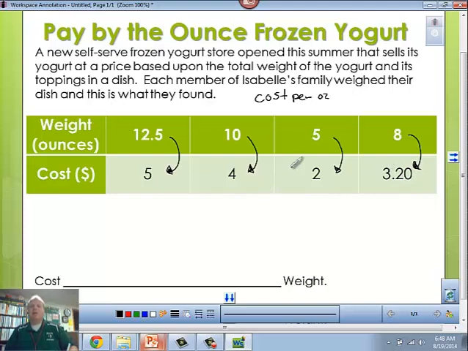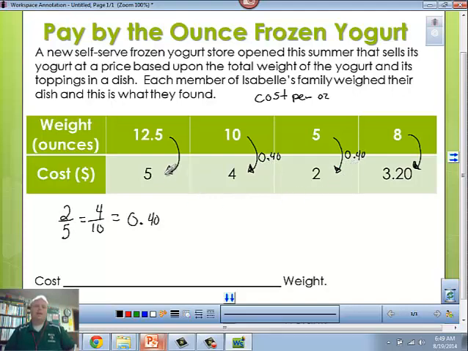Now, I'm looking at cost per ounce. So I have the fraction 2/5, which is equivalent to 4/10, which equals 40 cents. So at least for these two, I multiplied 10 times 40 cents, 5 times 40 cents.